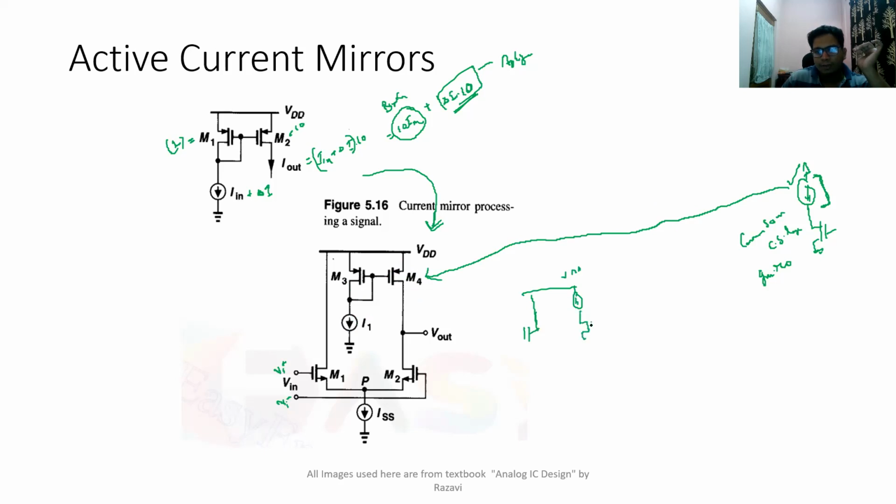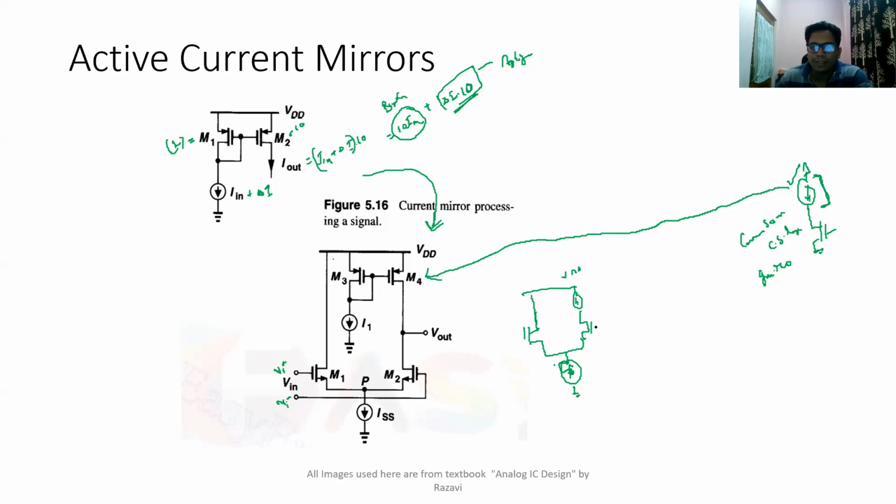Ultimately this circuit can be simplified like this. Instead of a current source, we don't use one because generating a good current source is a very difficult job. So we use a current copy circuit, a current mirror, instead.